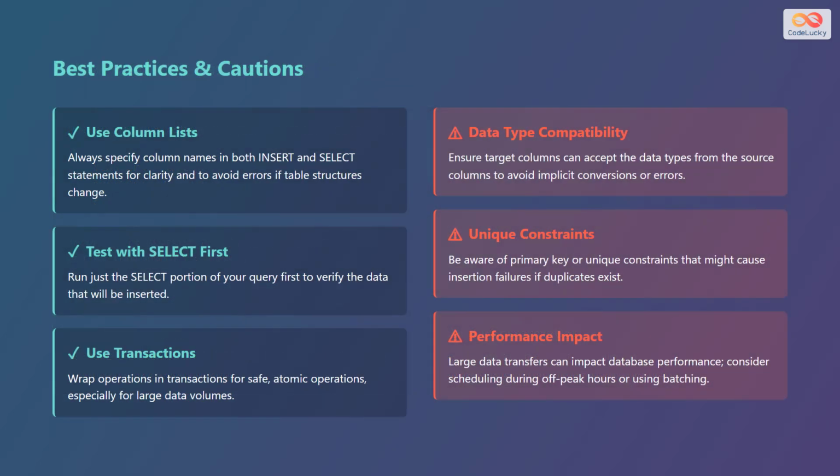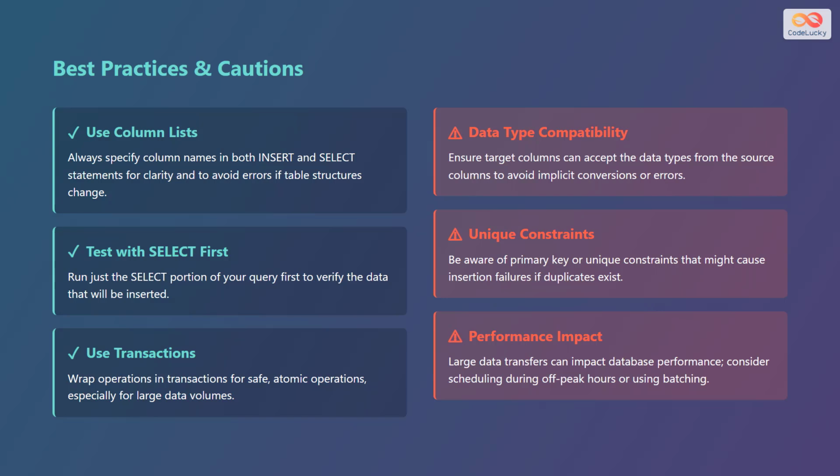Here are some best practices and cautions to keep in mind when using the insert into select statement. Always specify column names in both the insert and select statements for clarity, and to avoid errors if the table structures change. Before running the insert into select statement, run just the select portion of your query first to verify the data that will be inserted.